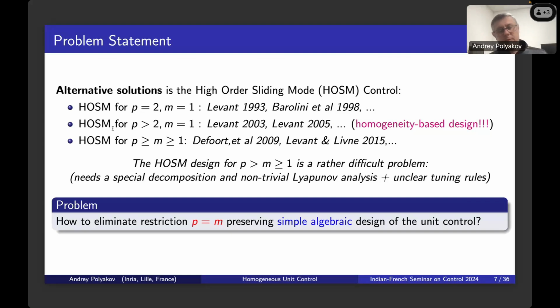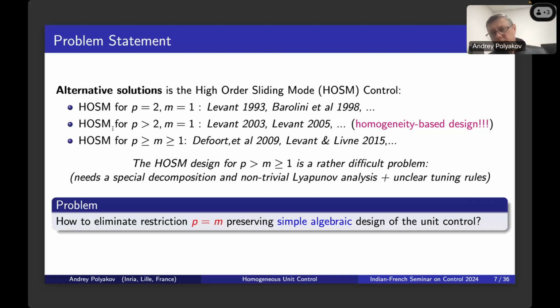The functions for higher order sliding mode algorithms are not very simple. There's Professor Marina who is also participating in this seminar. And of course, if the number of inputs is increasing, then the story is even more complicated.